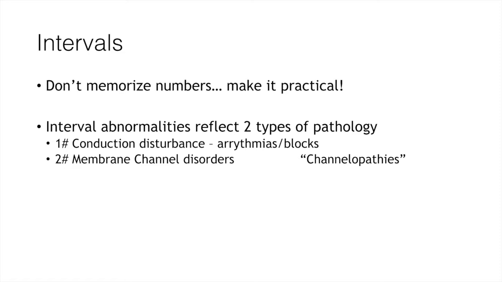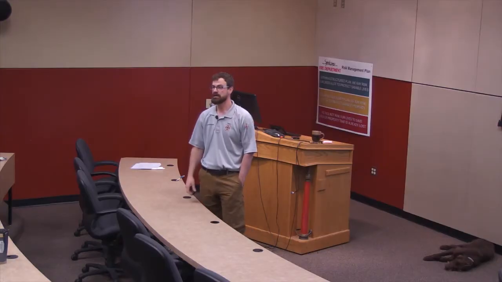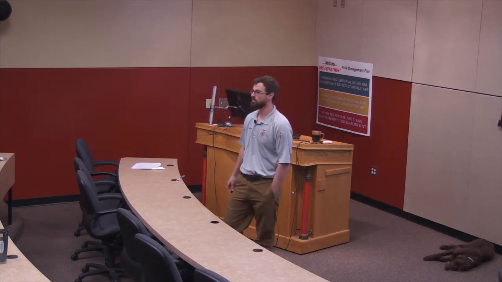Now, if I have interval abnormalities, it's going to represent either a conduction disturbance, right, or it's going to represent a membrane channel disorder or channelopathy, okay? And a membrane channel disorder could be an inherited genetic mutation, like in long QT syndrome, where people are genetically born with that. Or it could be because I block the potassium channels with a drug and I give them long QT from cardiotoxicity, right?